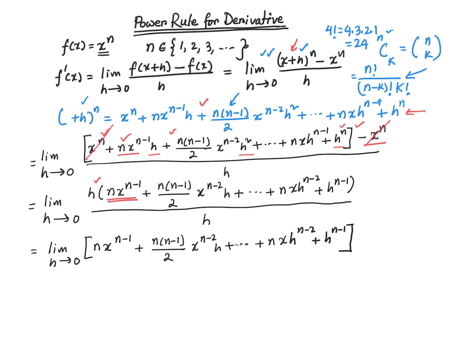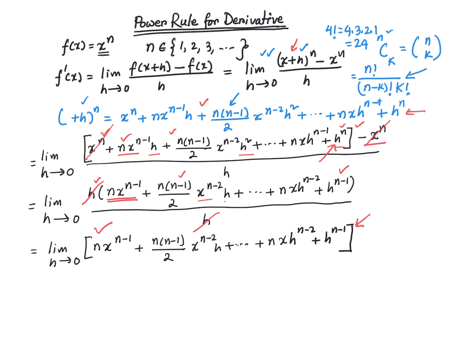You may want to pay special attention to this term, n x^(n-1), plus n(n-1)/2 x^(n-2) h, and keep factoring out h from each term, and the last term, h^n, is now h^(n-1). Now this h in the denominator and this h in the numerator cancel out, and you'll be left with whatever is within the square bracket.